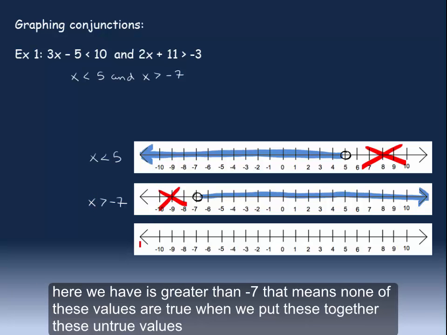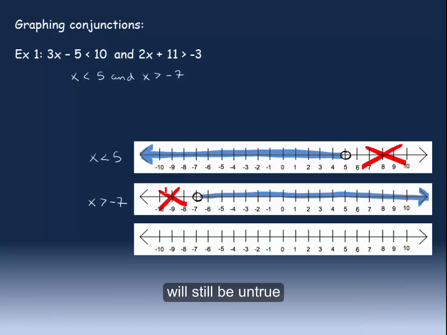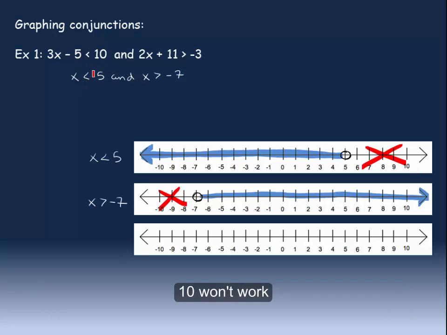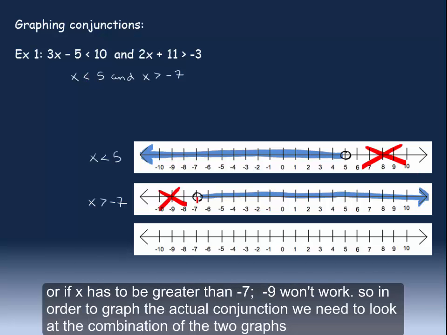That means none of these values are true. When we put these together, these untrue values will still be untrue. So our x between the two inequalities is the same x. So if x has to be less than 5, 10 won't work. Or if x has to be greater than -7, -9 won't work.